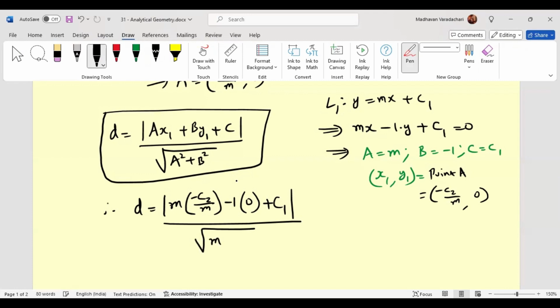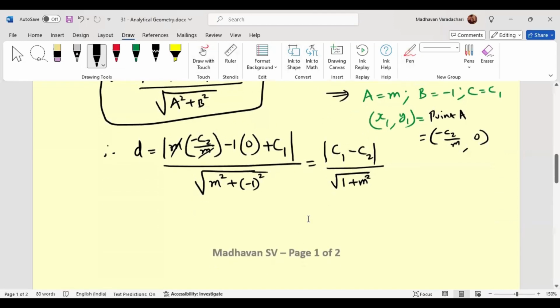In our case, it is m square plus minus 1 square. So which means this m and m gets cancelled. So this will become modulus of C1 minus C2 divided by square root of minus 1 square is 1 plus m square. So that is the distance between two parallel lines.